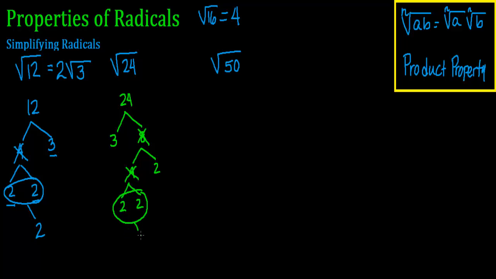So for every pair, one of the numbers comes out of the radical. That means 2 is outside the radical. And then inside the radical, I'm left with 3 and 2, which is 3 times 2. We multiply them, and that gives you 6. So the square root of 24 is the same thing as 2 square root of 6.